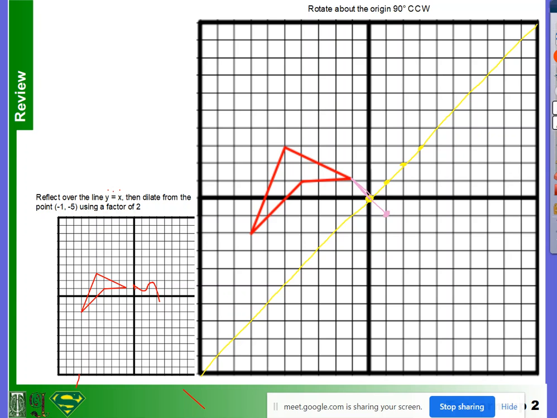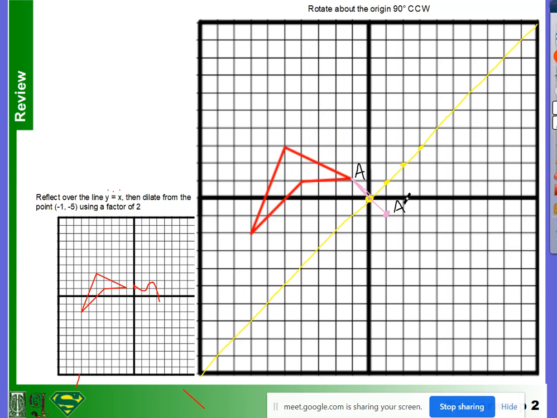Okay. And just to make life a little bit easier, I'm going to call this point A. And this point right here has a relationship with point A, but it's not point A. So instead of writing just point A, I'm going to call this point A prime.